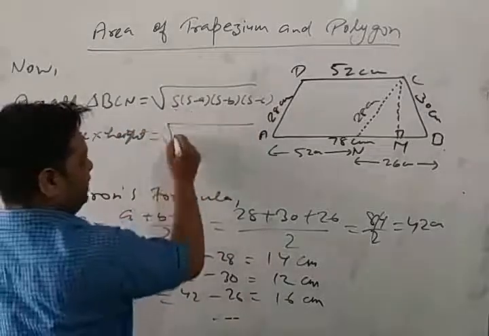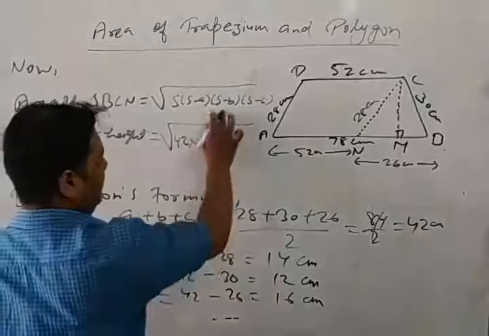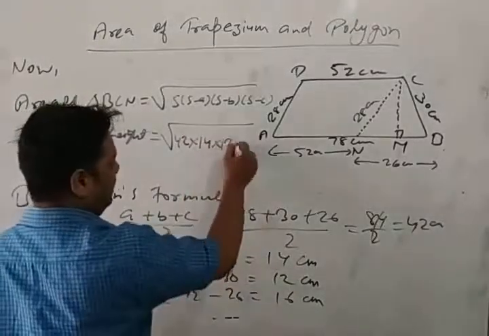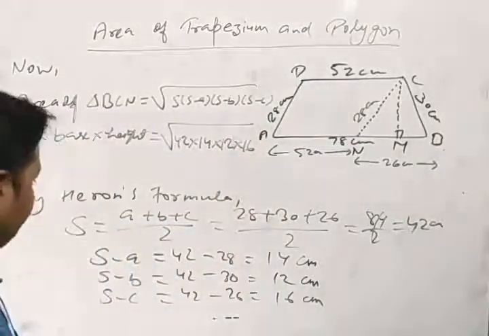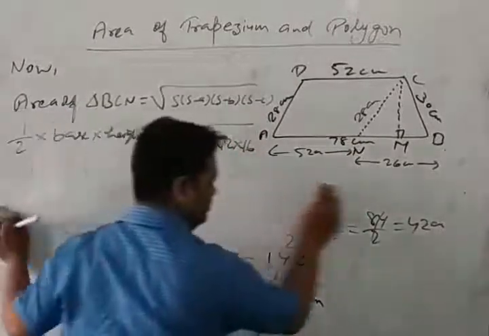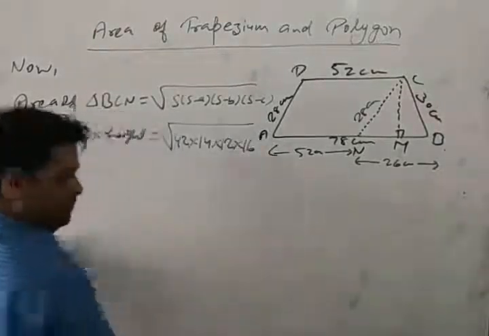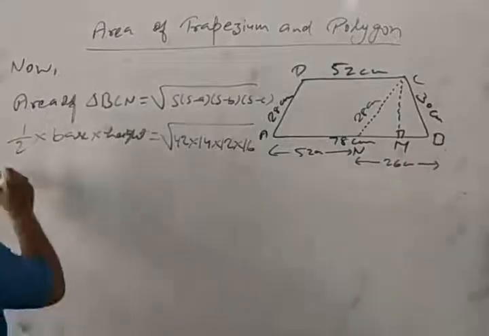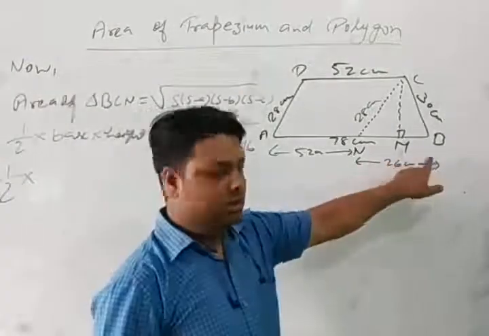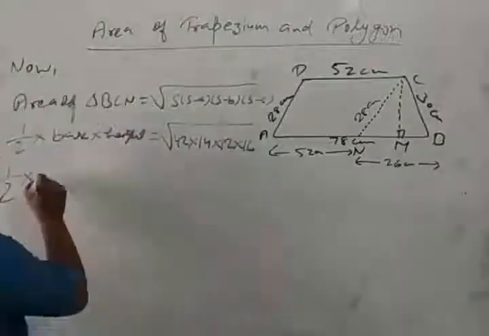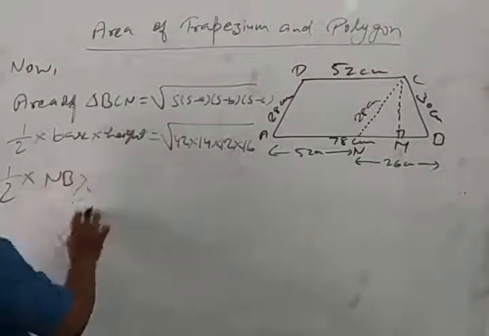S is 42, S minus a is 14, S minus b is 12, and S minus c is 16. Then 1 by 2, now what is base? As I said, base is NB. So NB is 26 centimeters. First write NB and height will be CM.